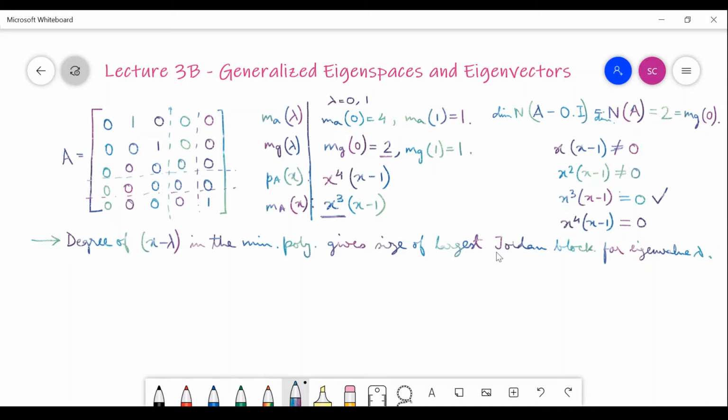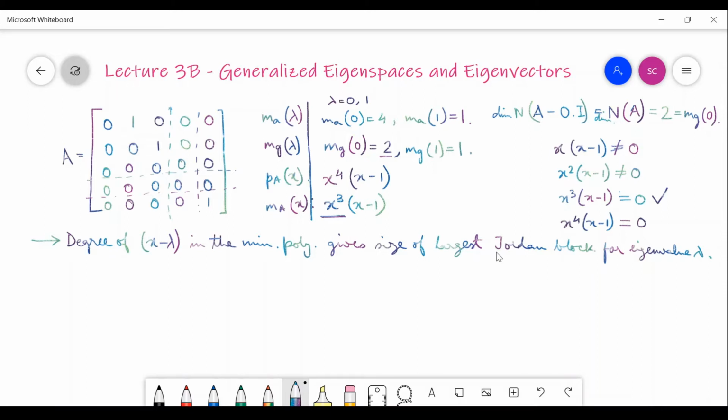If you can know that, it will be easier for you to write down the Jordan block. So sometimes the Jordan block reveals itself by this information, as in this case. There was confusion whether it is 2 and 2, and the confusion gets cleared when we look at the minimal polynomial, and from there we can see that it would be 3 and another would be 1.